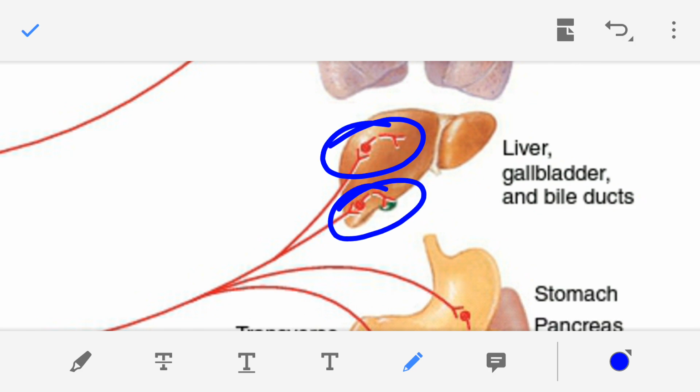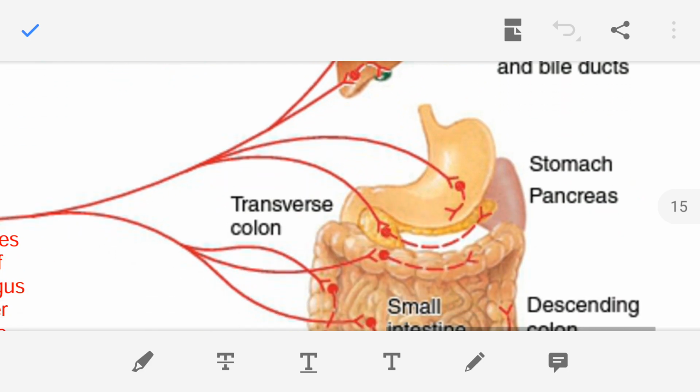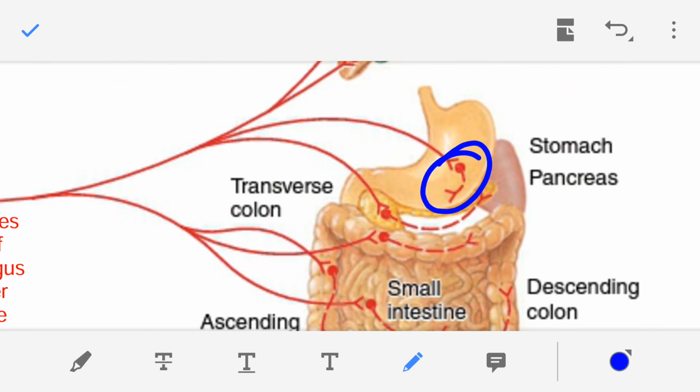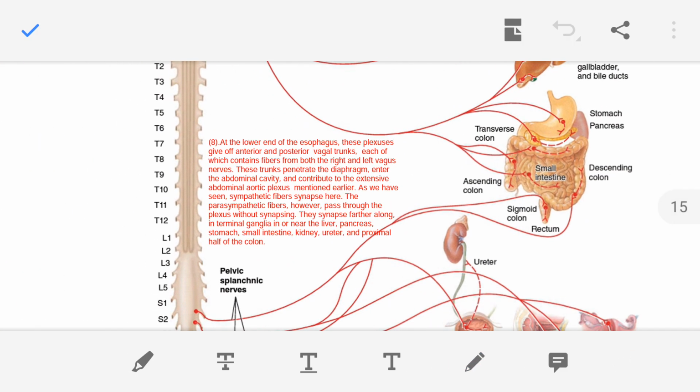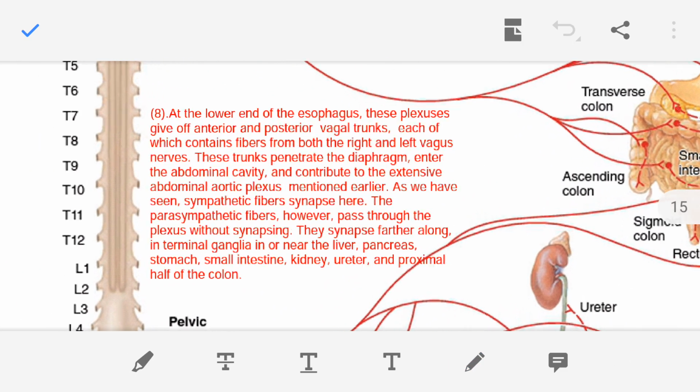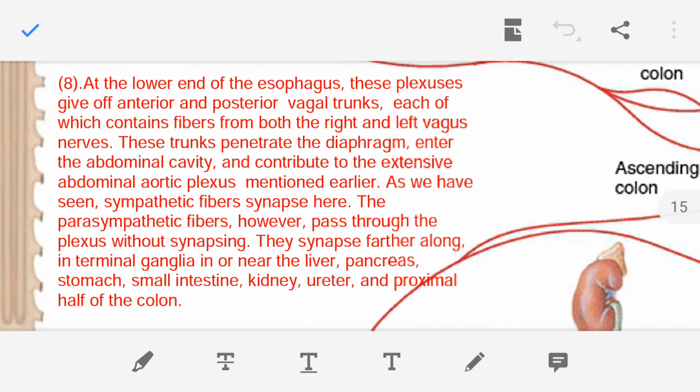Here they make the synapse. Here in the wall of the stomach they make the synapse. In the pancreas, in the large intestine, in the small intestine, they make the synapse. So the parasympathetic fibers travel a long distance, and finally in the digestive organs they synapse with the postganglionic fiber.